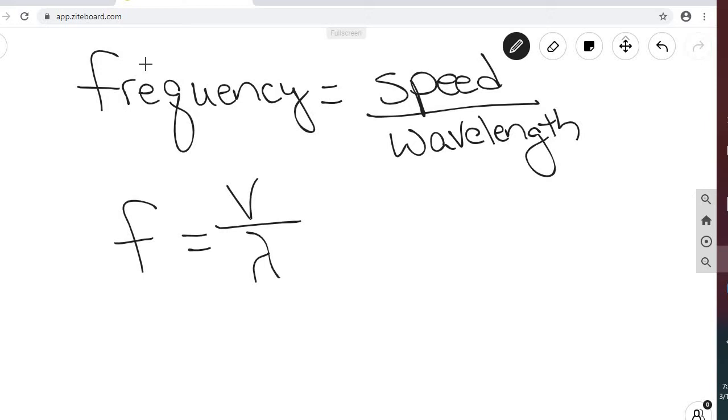So frequency is equal to speed divided by wavelength.